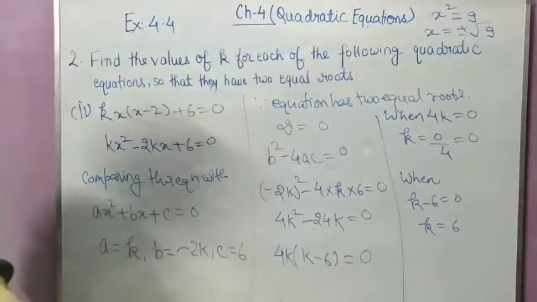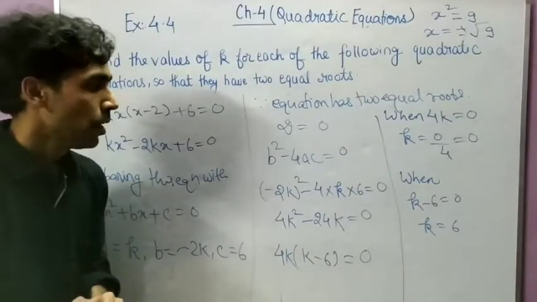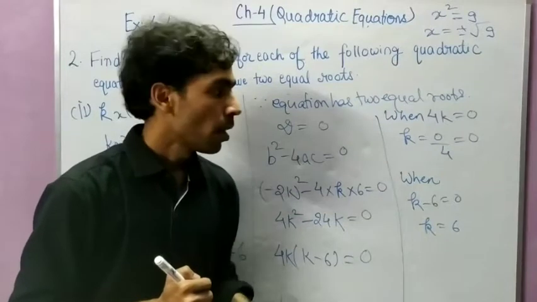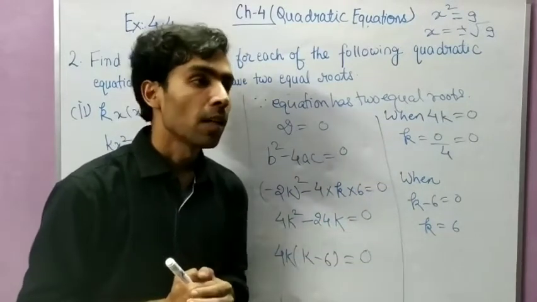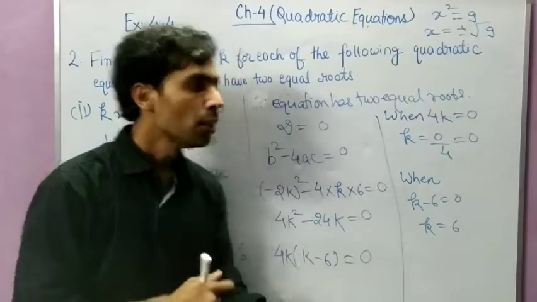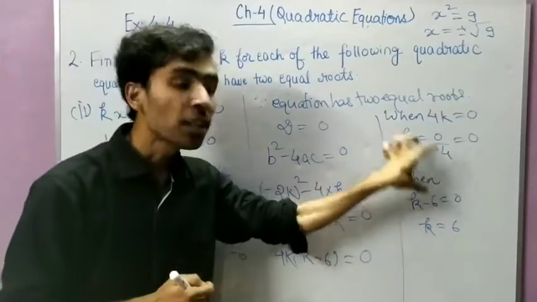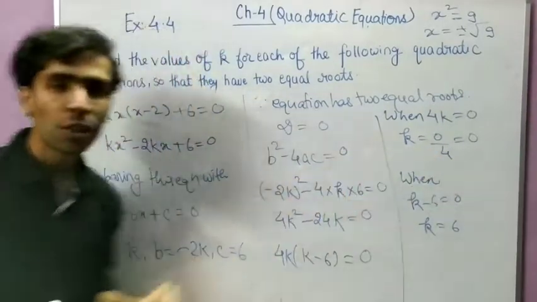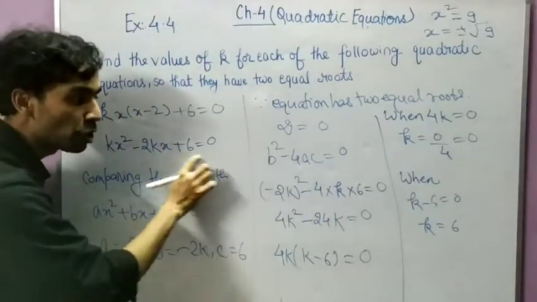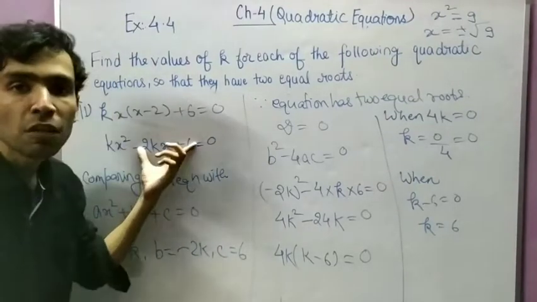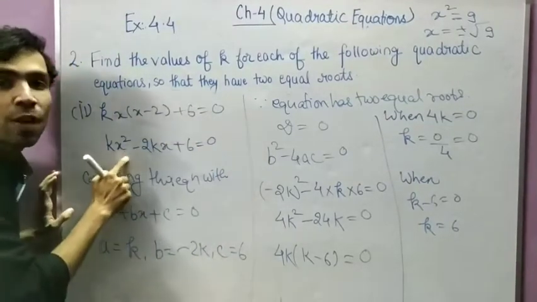Now student, we got two values of k, but the problem is that out of these two values, which value is correct? Are both values correct or only one? You can check this by putting the value of k in the quadratic equation. When you put k equal to 0, the equation will become a linear equation, because the term of x square will be removed.